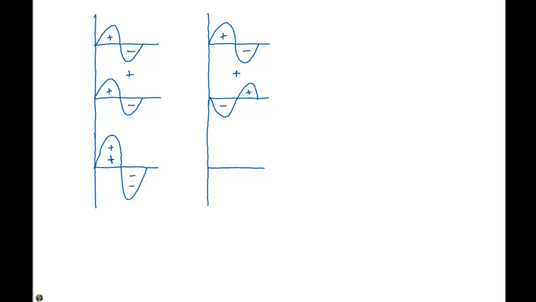So when electrons are traveling through space, behaving as these wave-like species, they could have either constructive interference or destructive interference.